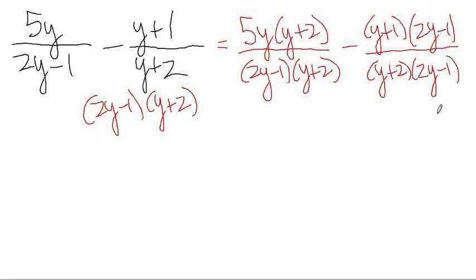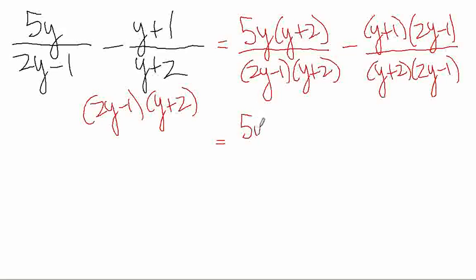Okay, now I'm going to expand the numerators because I need to in order to be able to find the difference of the numerators. I don't need to expand the denominator, but I'll go ahead and do that as well.